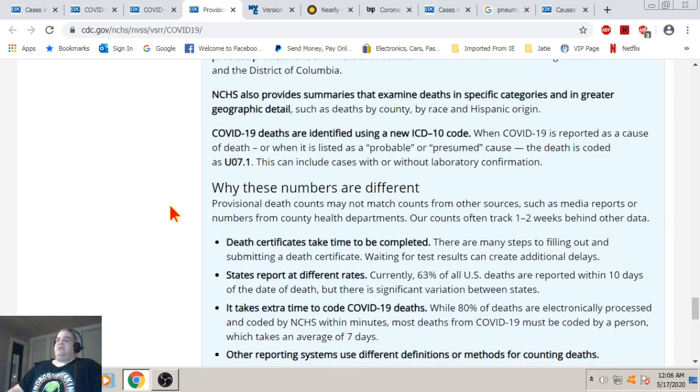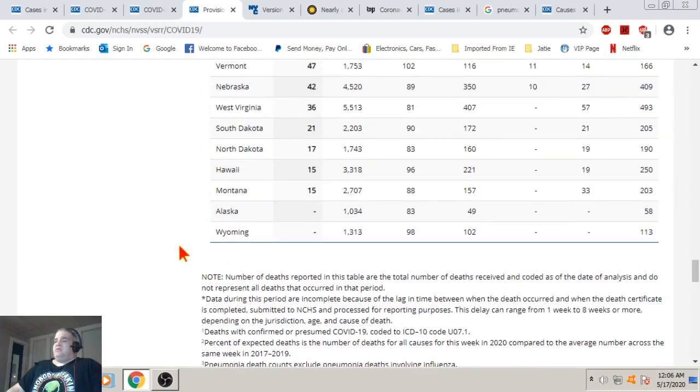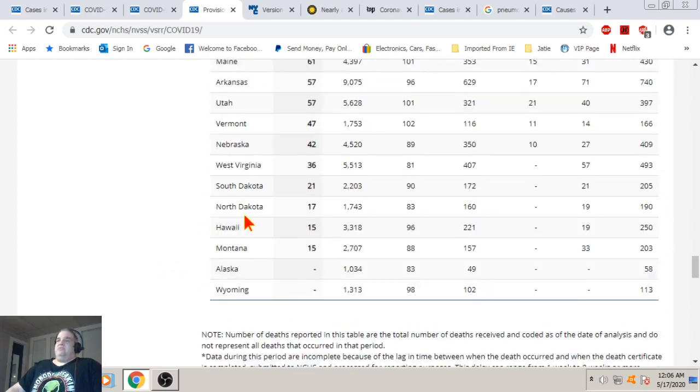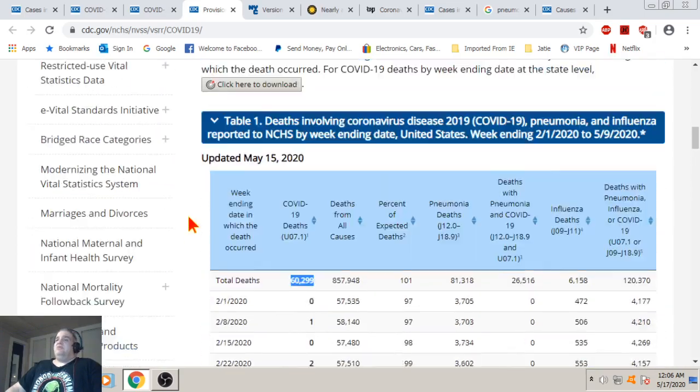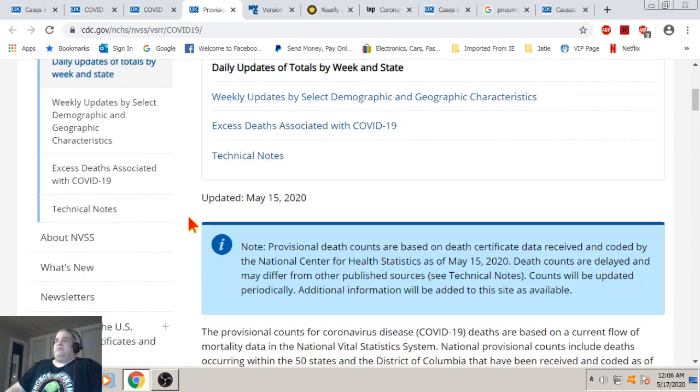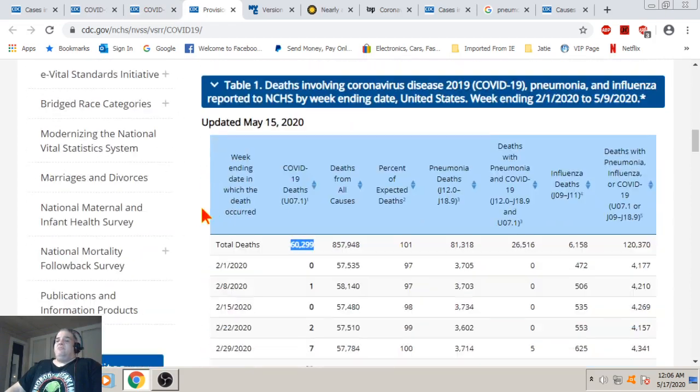I just noticed that too. They used to have the age factor right here, and it's not there this time. They took it off for some reason. I don't know why. When I find out if they put it back, maybe they're updating. And again, this is updated as of Friday.